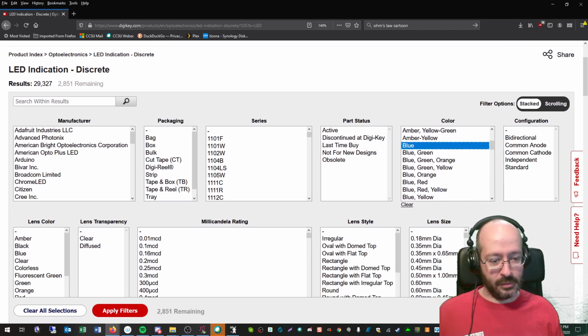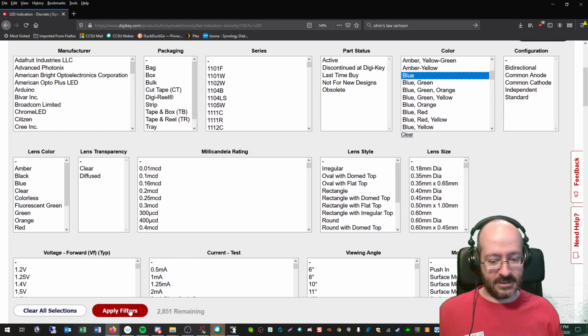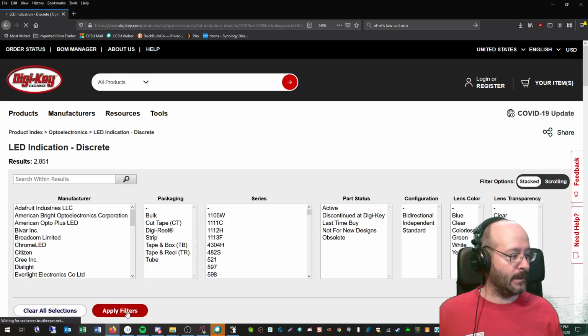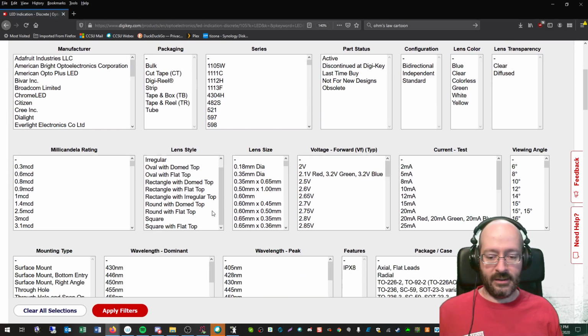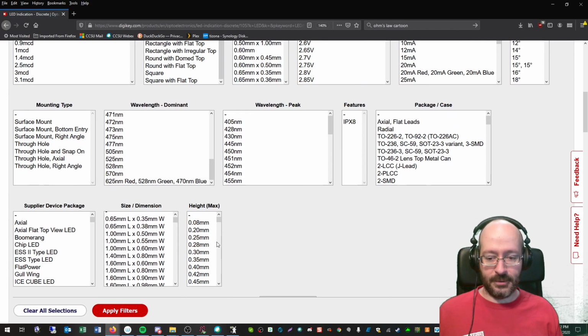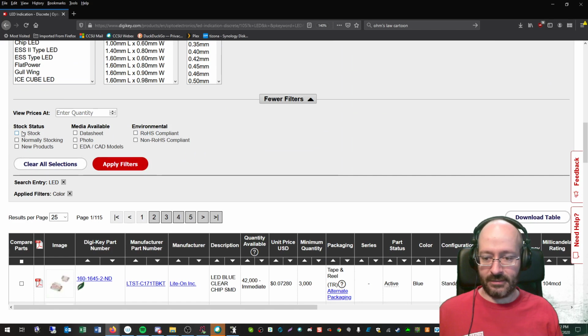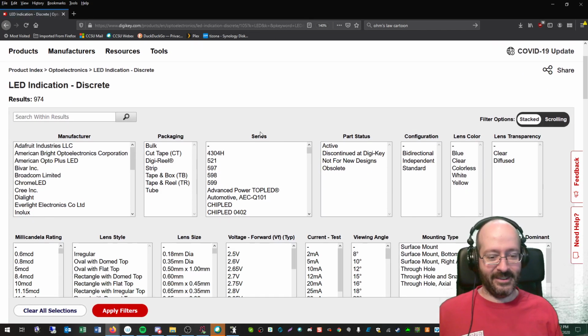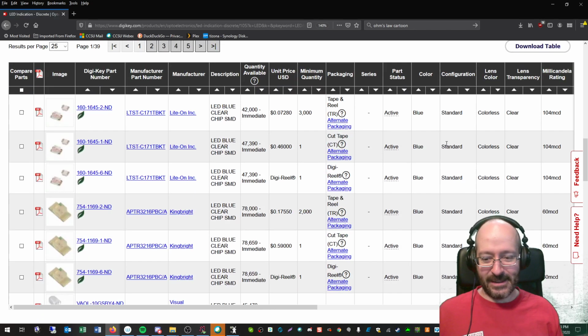So I can pick off blue, and I can just say apply filters down here in the corner. And now we're down to, how many do we have left? Let's say in stock. So we're down to 974 blue LEDs that we can pick from. Hey, that's a good amount.